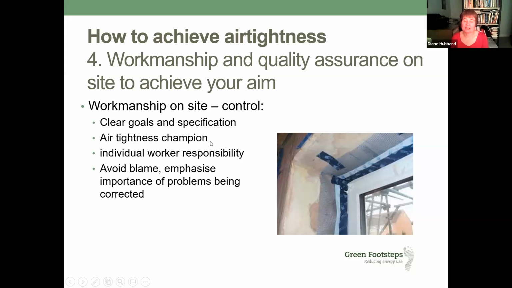You have somebody who takes responsibility for it, who drives it, who is passionate about airtightness. You can be that person. You just need to convey the importance of airtightness to whoever's on site, and emphasize that everybody has a responsibility. It isn't down to whoever sticks the tape on. Everybody has a responsibility for air tightness in the building.